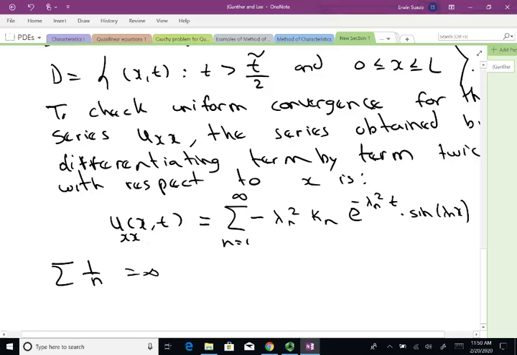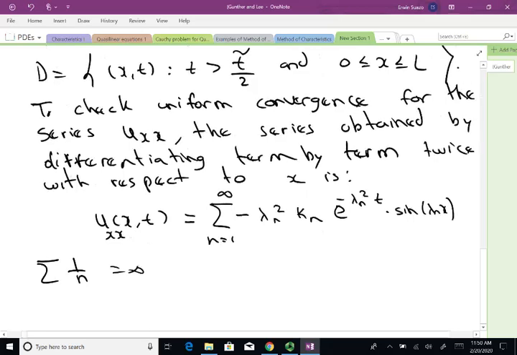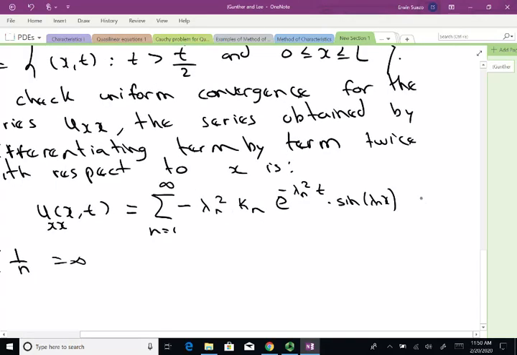So how can I prove that this series is less than infinity for all t bigger than 0, or at least for all t bigger than t halves?